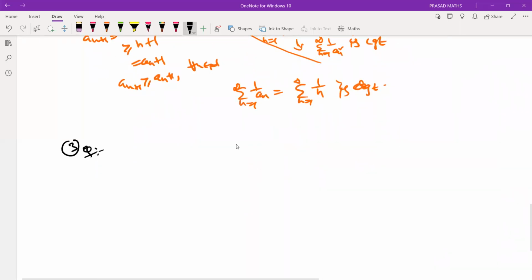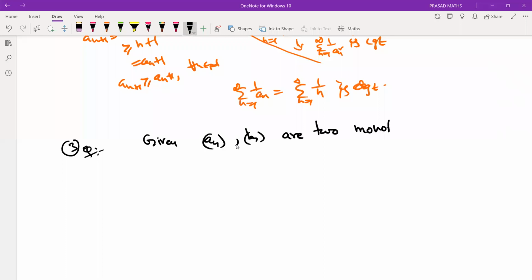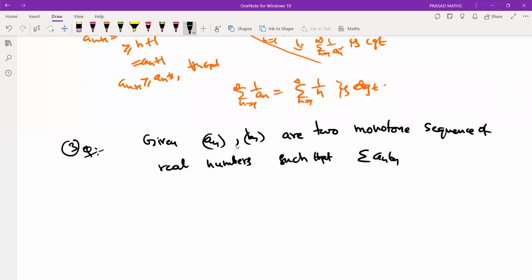Okay. So given a_n and b_n are two monotone sequences of real numbers such that summation a_n b_n is convergent. Which of the following is true?